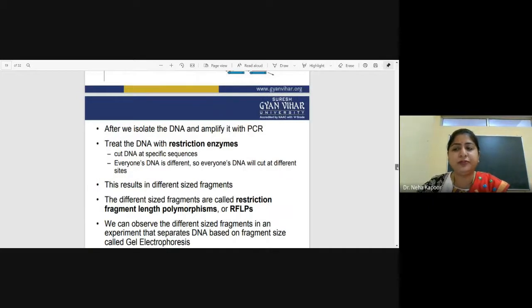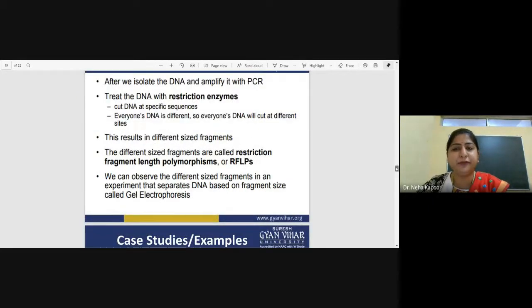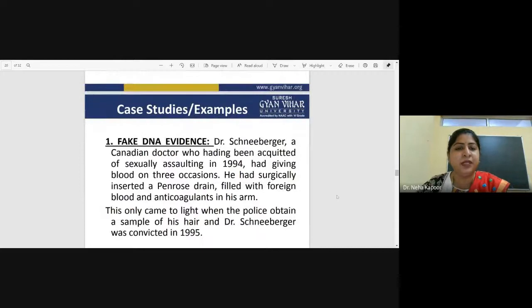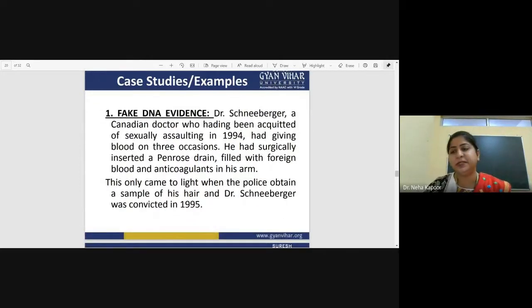Once we have isolated the DNA and amplified it with PCR, next you can proceed to digestion with restriction enzyme. Then different size fragments are obtained, and you can go for the RFLP technique so as to detect the bands.